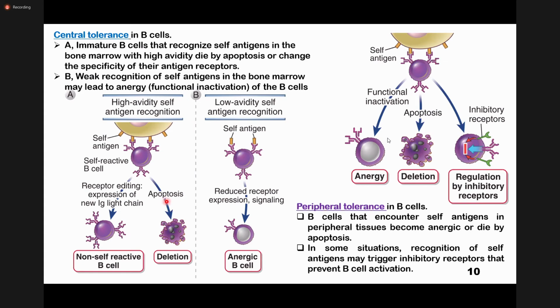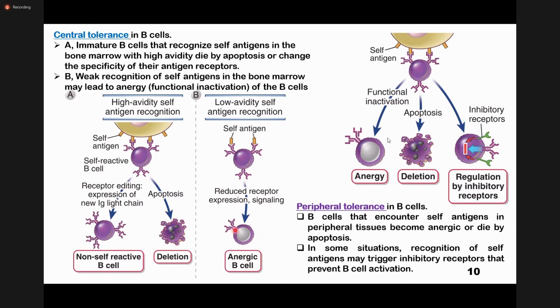One is apoptosis, that is directly deleted, or it edits, with expression of new light chains, so it forms new non-self-reactive B cells. Whereas if the self-antigen has a low avidity, it reduces receptor expression and becomes an unresponsive, anergic B cell.